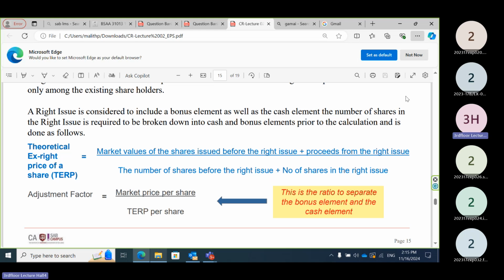EPS calculation. These steps should be followed. This is the way we are calculating EPS under a rights issue. Once you are having a rights issue, we need to calculate the theoretical ex-rights price, adjustment factor, bonus element. Any question? These 4 steps should be followed.